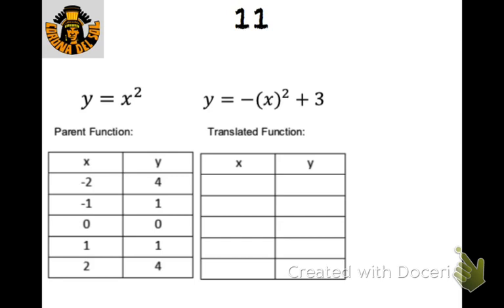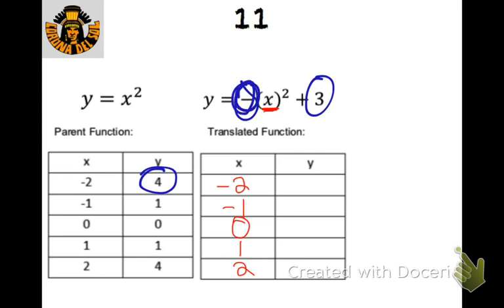All right, so this one, it doesn't have anything inside the parentheses, so there's no change to the x's. So we could go ahead and just rewrite these. Now the y-coordinate is going to be affected. It has a minus sign there, it has a plus there. You got to do this in a particular order. You always got to take the current y-coordinate and multiply it by whatever is on the outside here.